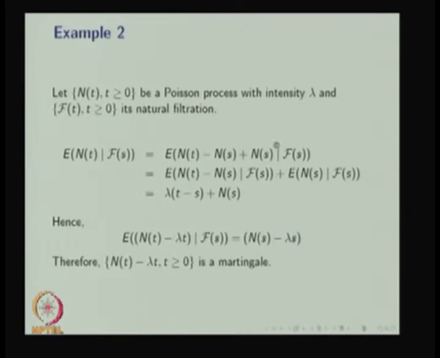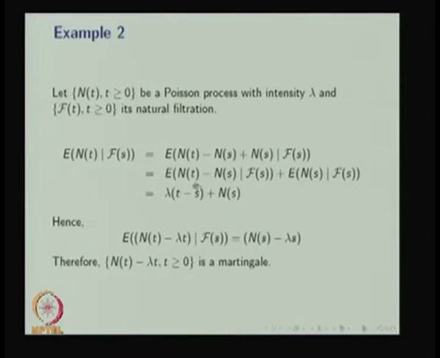Expectation is a linear operator. Therefore, you can split these terms into two different conditional expectations. The first one you can keep N of t minus N of s, the second one you can keep separately, N of s. Hence, you have the conditional expectation of N of t minus N of s given the filtration F of s, plus the conditional expectation of N of s given F of s.